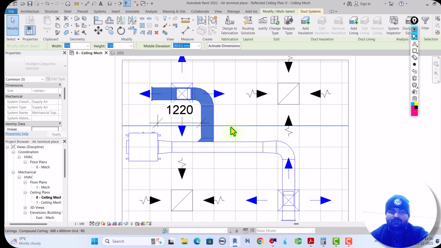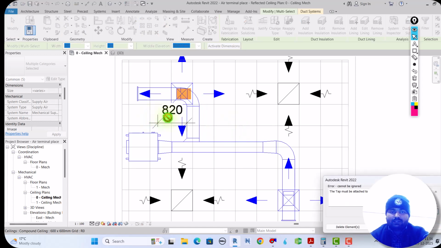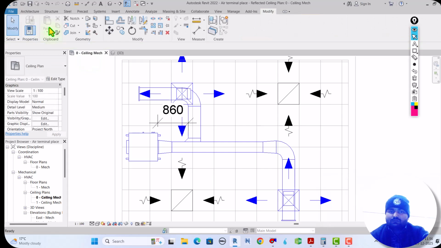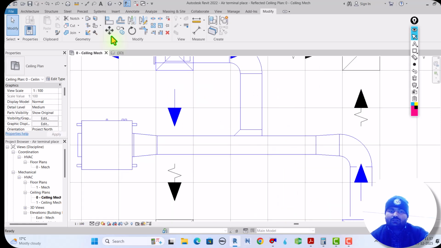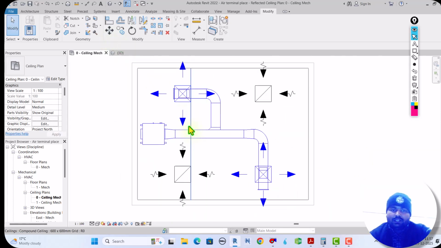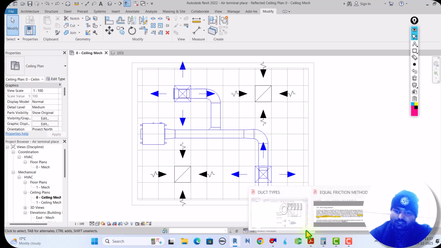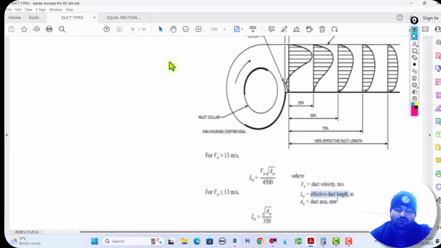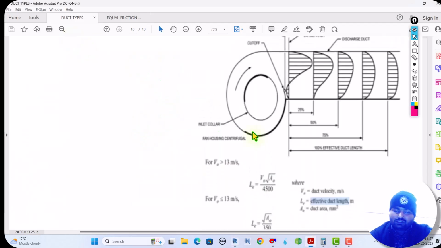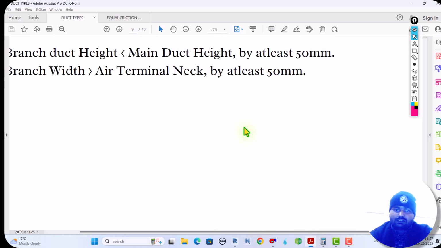See, this is fine, this is fine, this is fine. Now not fine. Okay, so now you got my point. Okay, I already explained all the things about the duct sizing and the duct effective length, all these things.